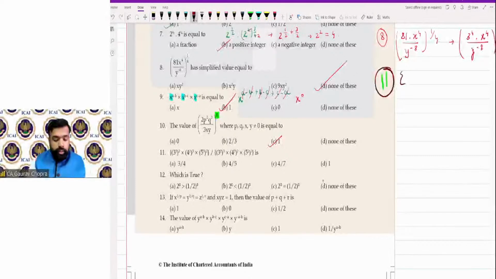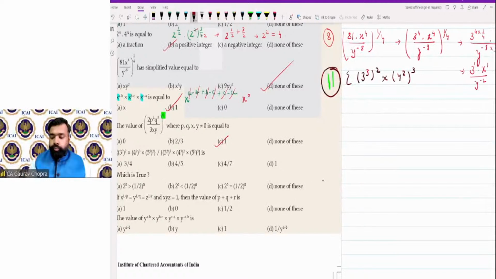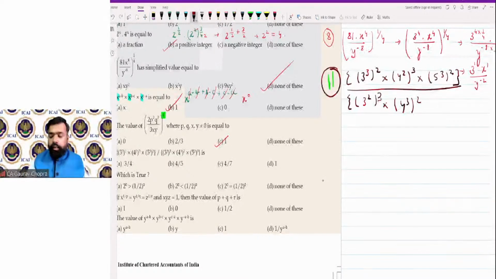It says: curly bracket, 3 cube whole square, 4 square whole cube, then 5 cube whole square, bracket close, divided by. In the denominator: 3 square whole cube, multiplied by 4 cube whole square, and then multiplied by 5 square whole cube.